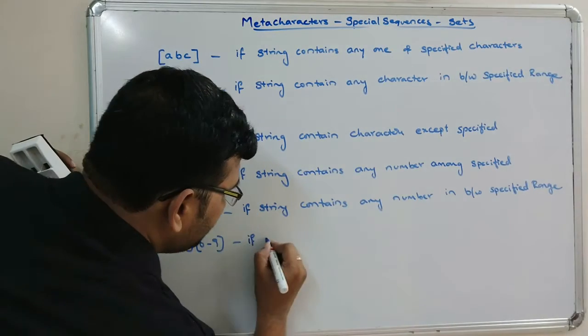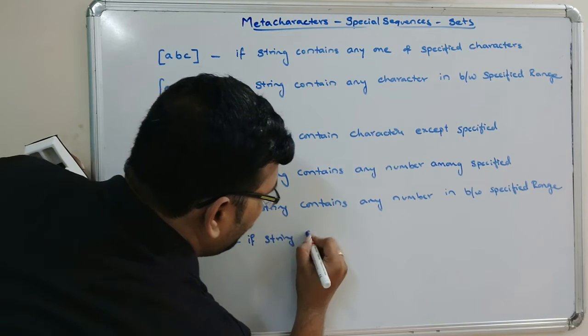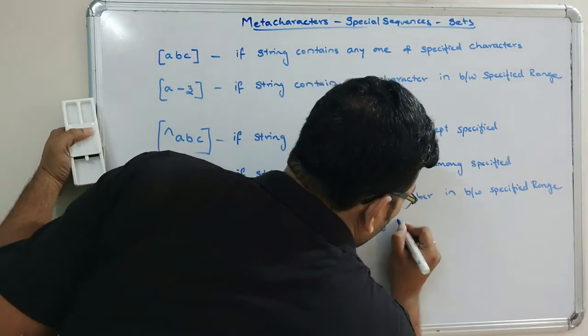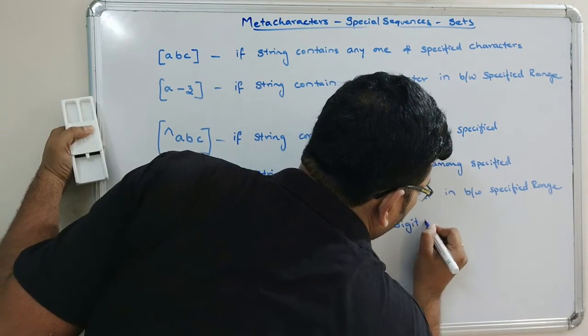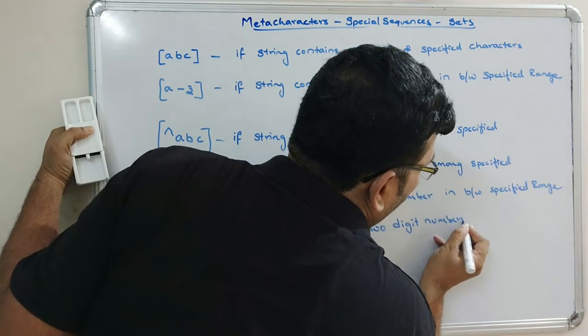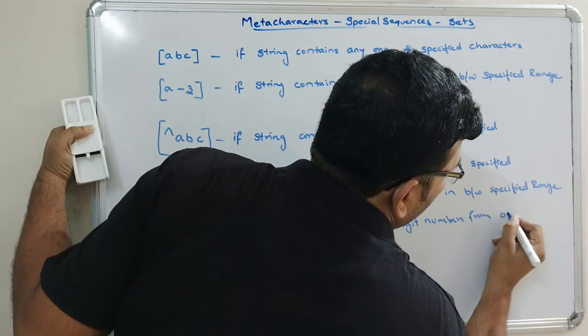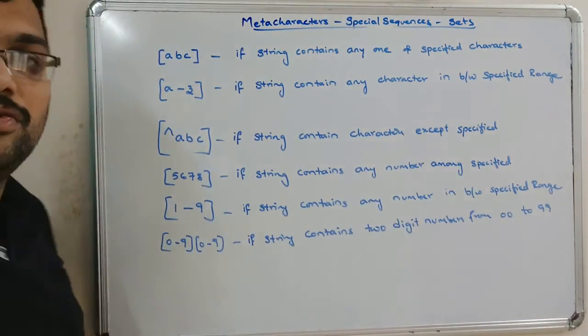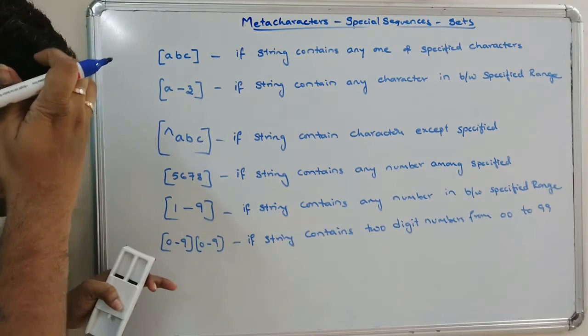So it returns a match if the string contains 2-digit numbers from 00 to 99. So within the specified range we will get 00 to 99, right?